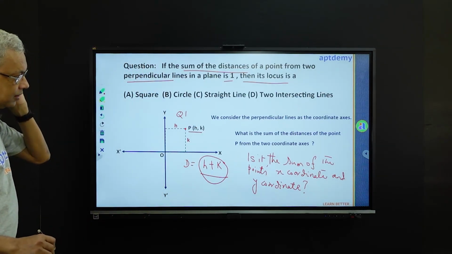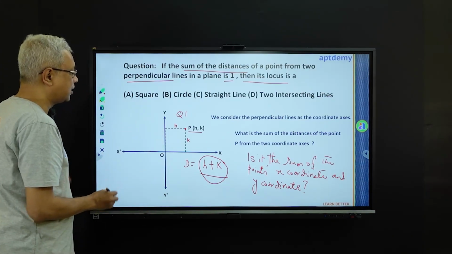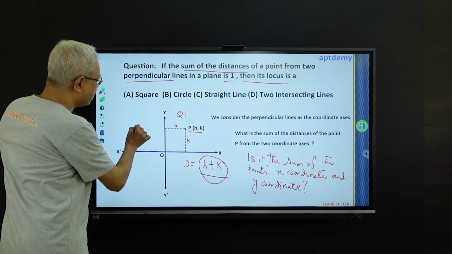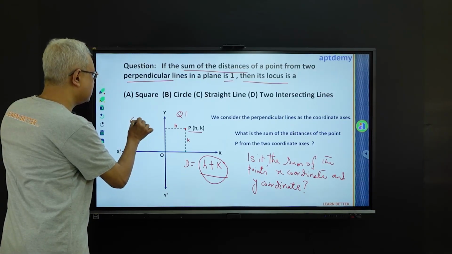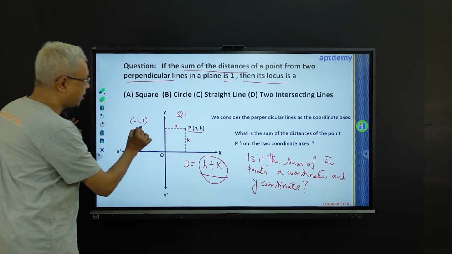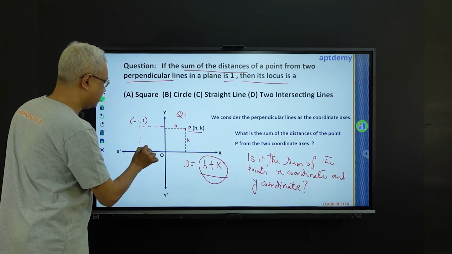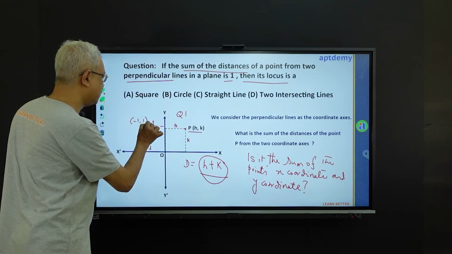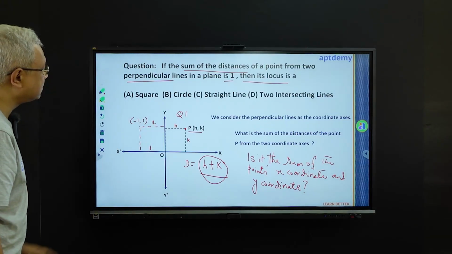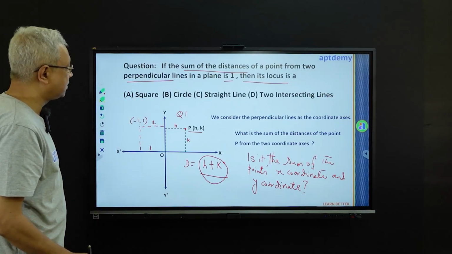But when the point comes in quadrant 2, say consider the point (-1, 1), which is in quadrant 2. See here, this distance and this distance, this is unity, this is unity, and since the point lies in the second quadrant, the x coordinate is negative but the y coordinate is positive.